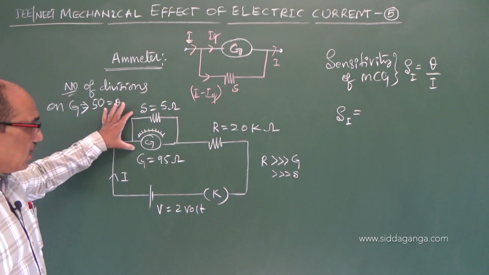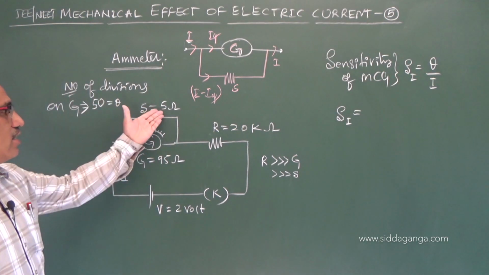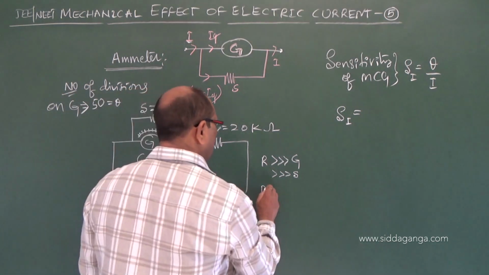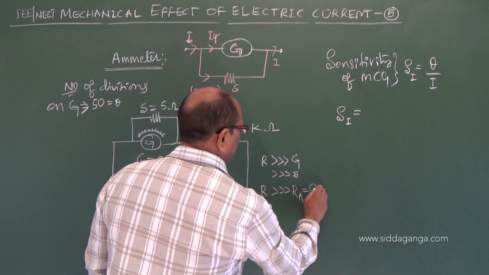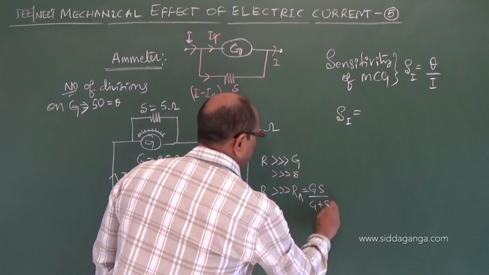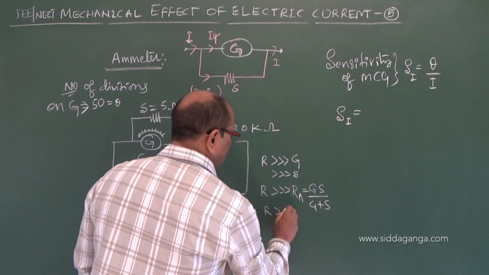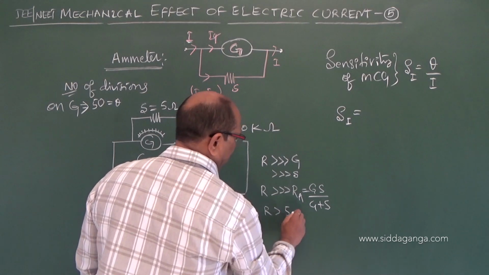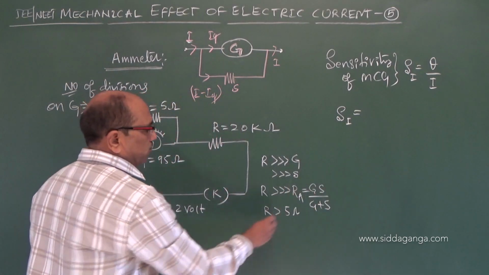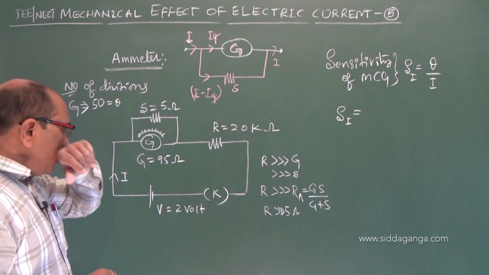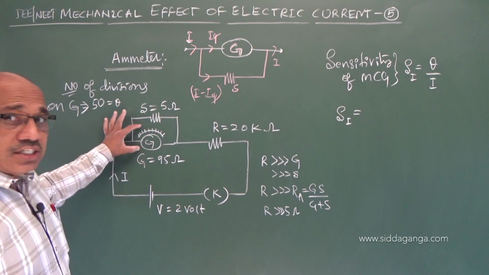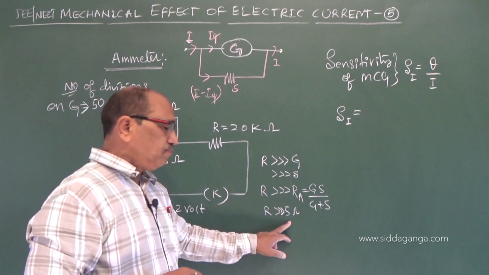When they two are in parallel, it is still less, it is less than 5 ohm. Even if I take resistance of ammeter, which is GS upon G plus S, that goes below 5 ohm, which is very small, because when I take these two in parallel, effective resistance of the ammeter is less than 5 ohm.